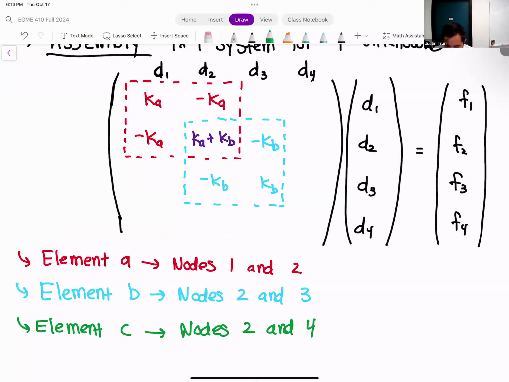So let's block those off. We have node 2, which here is very popular. Second row, second column is going to be this block in green right here, on that intersection point. Then we have second row and fourth column, which is going to be this spot right here.